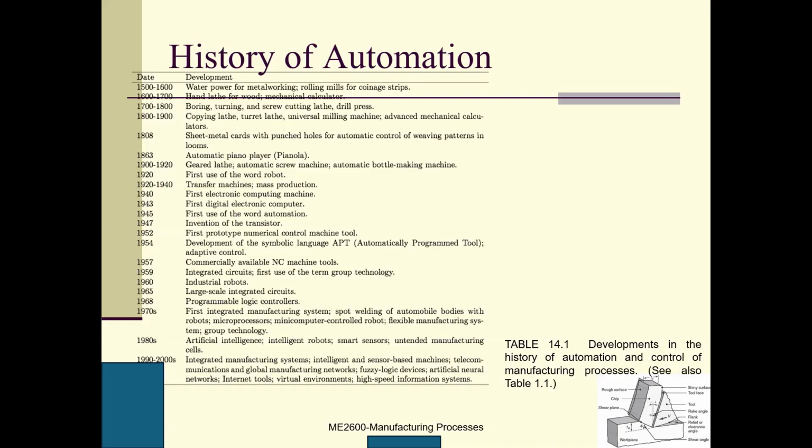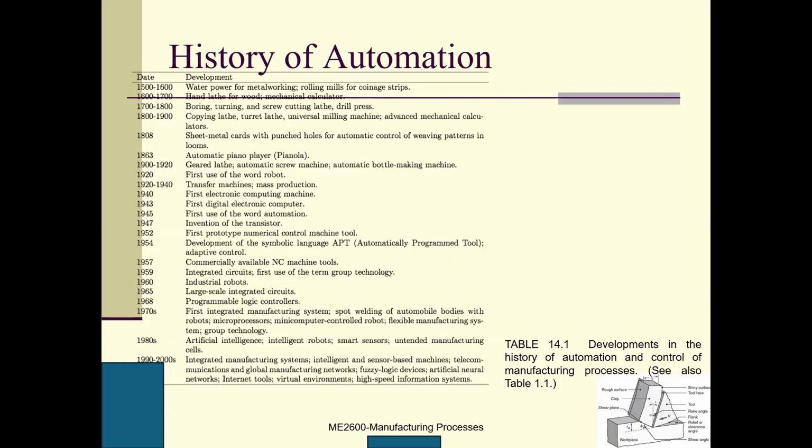Then in 1970, spot welding automobile bodies with robots comes into play. After that, artificial intelligence, intelligent robots, smart sensors, intended manufacturing cells. So 1990 to 2000, we have integrated manufacturing systems, intelligent and sensor-based machines. This is telecommunications and global manufacturing networks, programmable logic devices, artificial neural network.